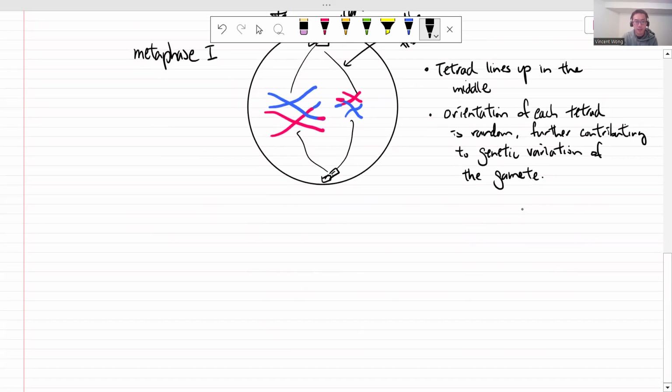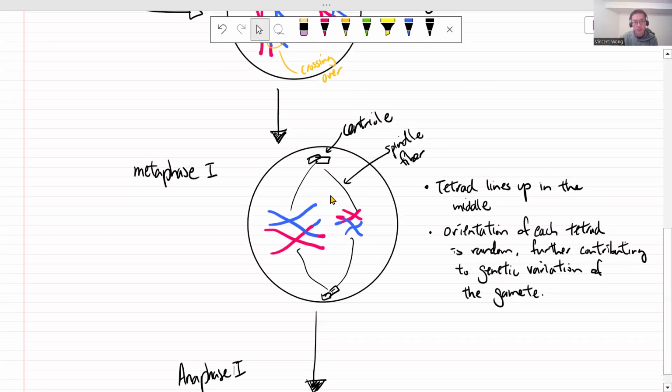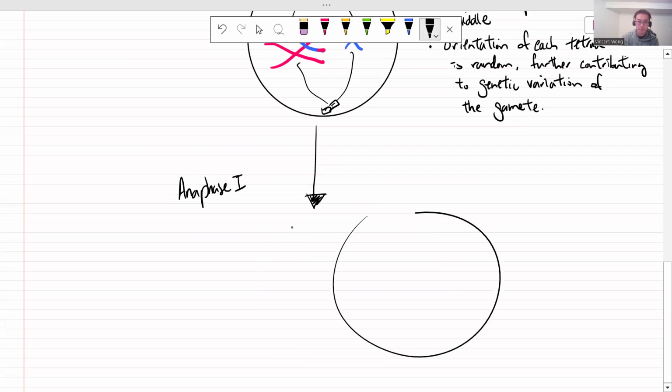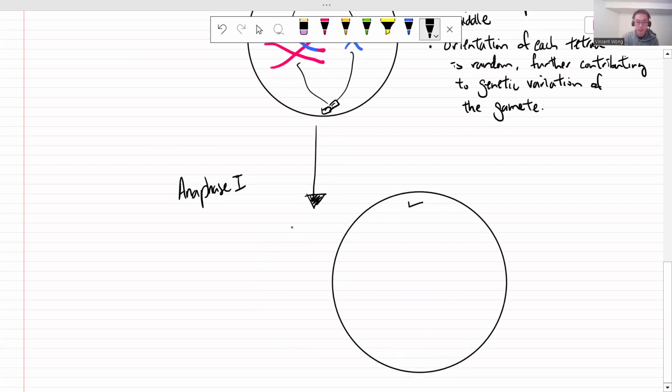Okay, after metaphase, we have anaphase. Anaphase 1. So the spindle fiber is going to pull on the tetrad, and the homologous chromosomes will separate. And this is the centriole again, and it's going to be pulling the things over.